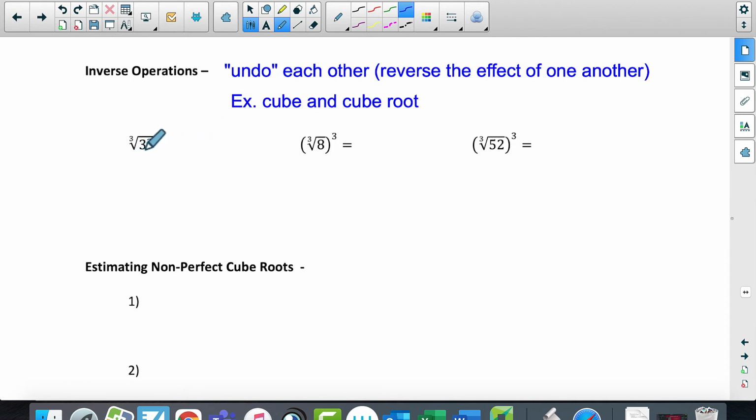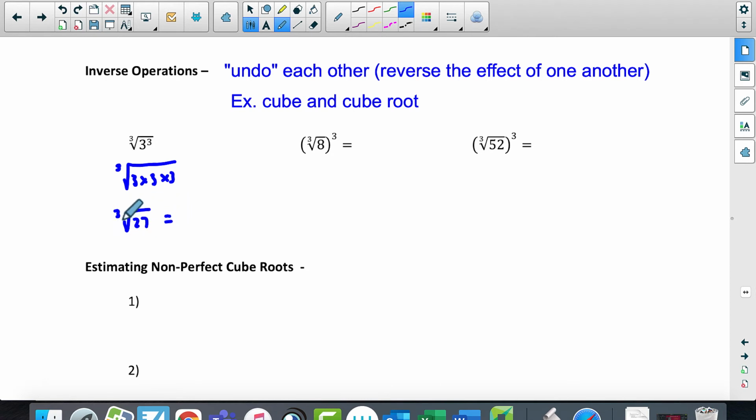This question says the cube root of 3 cubed, and the 3 cubed is all under the radical, so we should do that first. What's 3 cubed? Well, that means 3 times 3 times 3, and 3 times 3 is 9, 9 times 3 is 27. So now what we've got is the cube root of 27.